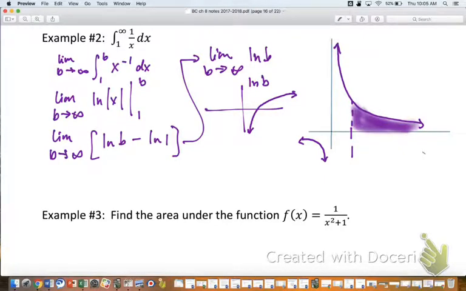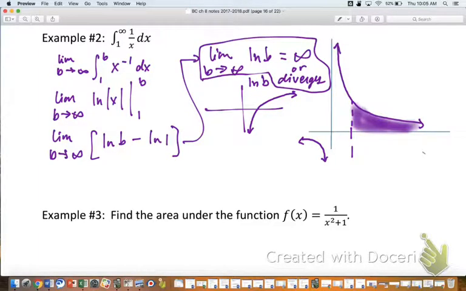It does it at a slowing rate. It's getting flatter and flatter and flatter, the graph is, but it does continue to go up. So as b heads towards infinity, ln of b is heading towards what? Infinity, yeah. So we could write infinity right here, or you could put diverges. That's that new terminology that we're going to use for something like that.